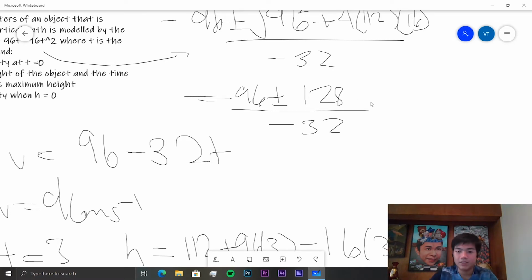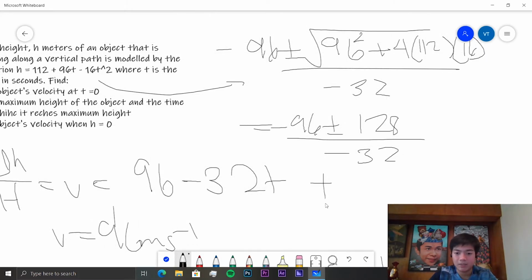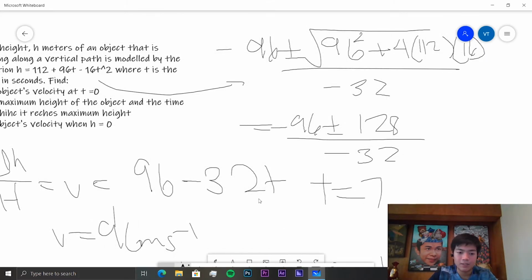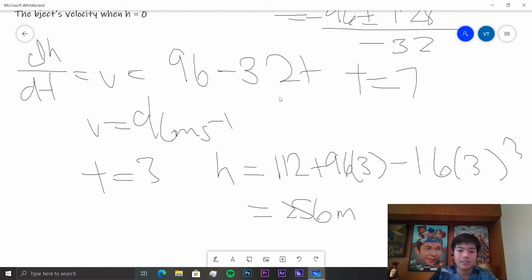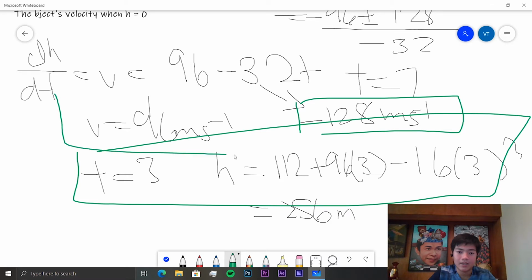So we get 7. So when t equals 7, this height will be equal to 0. So when t equals 7, we have 96 minus 32t, 96 minus 32 times 7, which is equal to negative 128 meters per second. So those are the three values that you need to get.